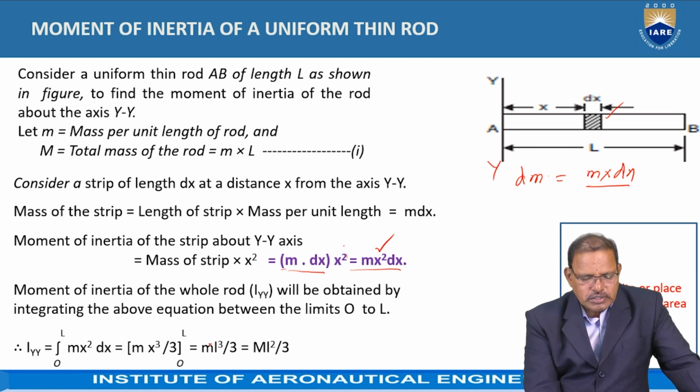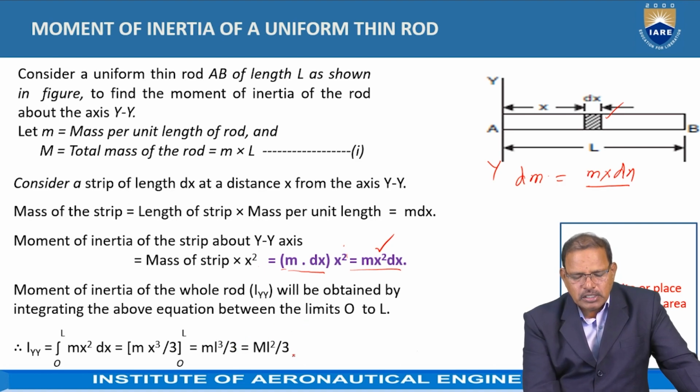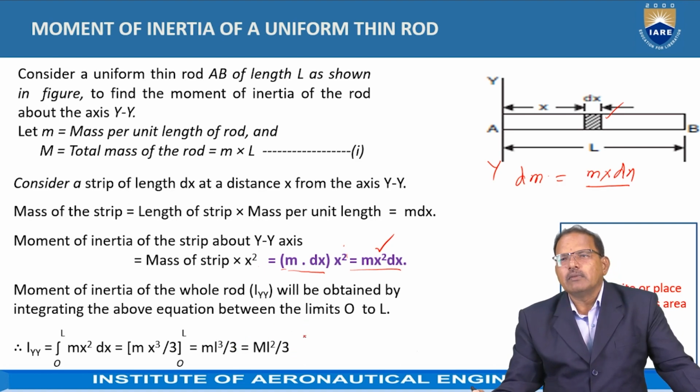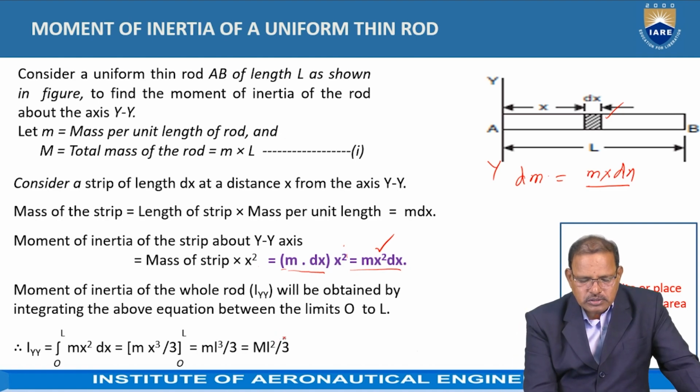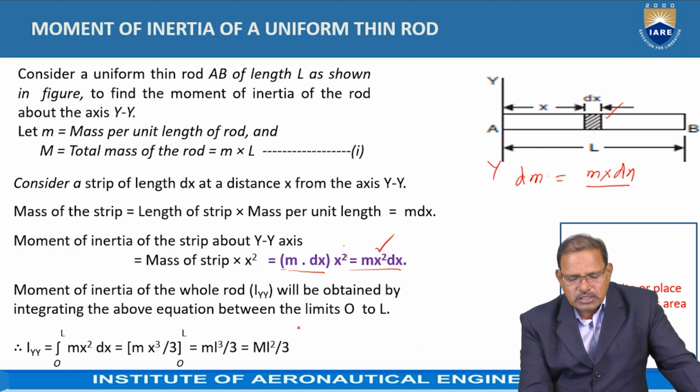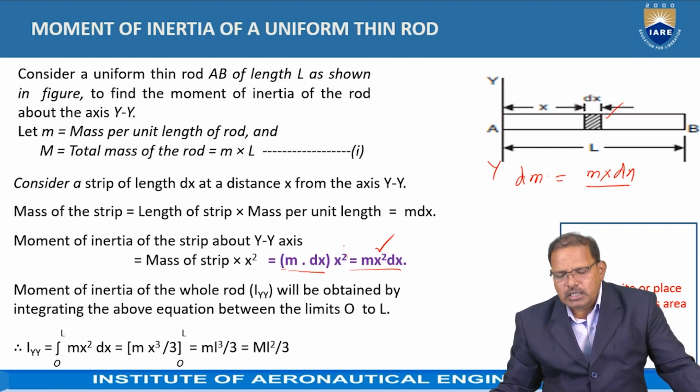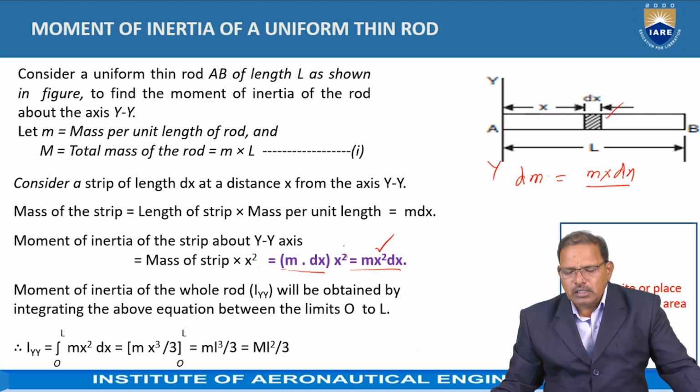So I_yy is equal to the integral from 0 to L of m x square dx, which is equal to m x cube by 3 between the limits 0 to L, that is m L cube by 3, where small m is representing the mass of the rod per unit length and L is representing the length of the rod, hence m into L is equal to the total mass. The remaining term is L square by 3. So M L square by 3 is representing the mass moment of inertia of the rod about its end perpendicular to the axis.